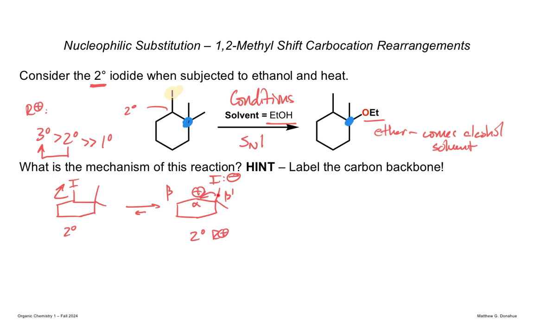It's taking the 2 electrons in that bond with it and migrating over to that carbon. So that's what we mean by a 1-2 shift. So when that happens, we're now going to a tertiary carbocation.